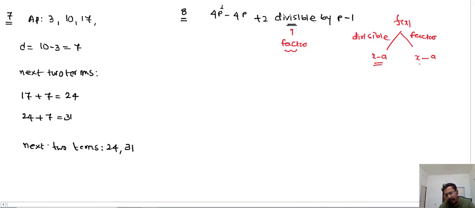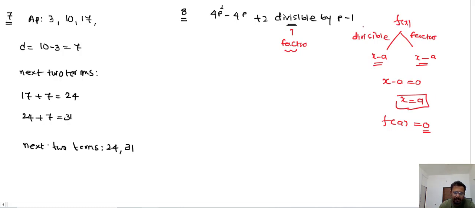Now put this value of x in the polynomial, and you must take your remainder equal to 0. This way you can find any unknown. So here we are going to divide this polynomial by p minus 1. What should we do?